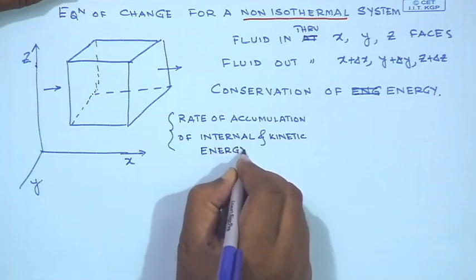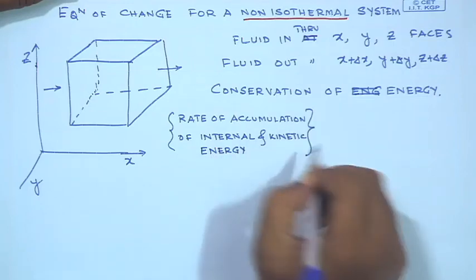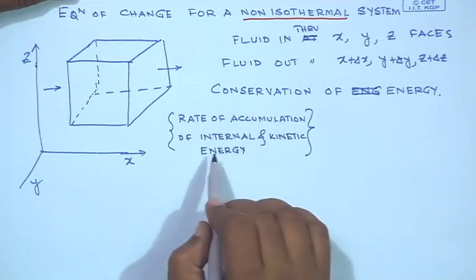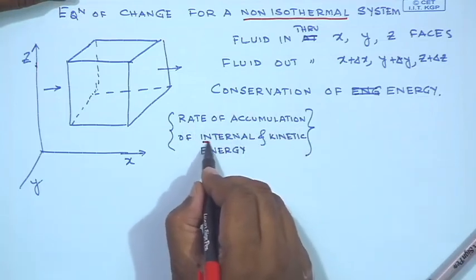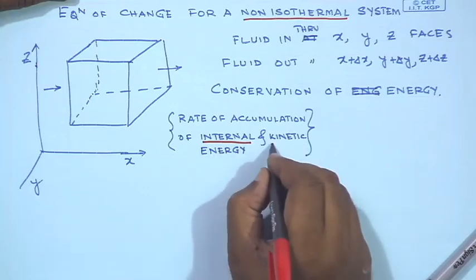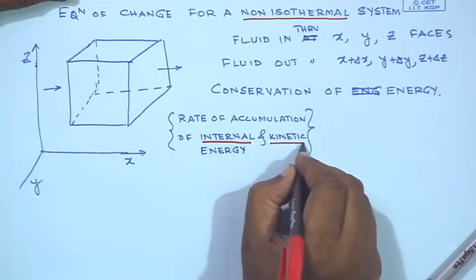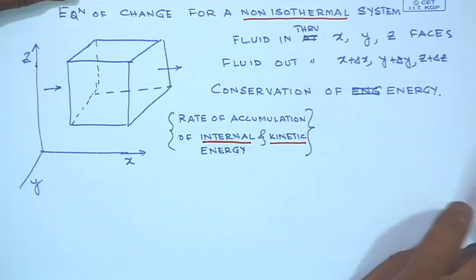So, this is the rate of accumulation of energy, and note that I not only have taken into account internal energy, I am also going to consider the kinetic energy of the system.